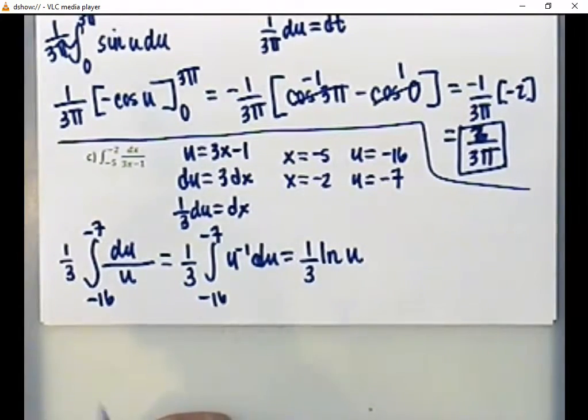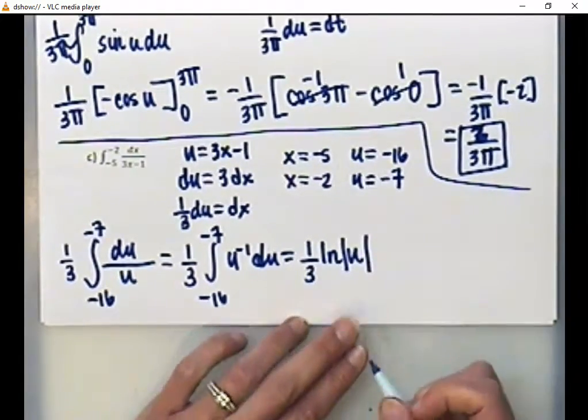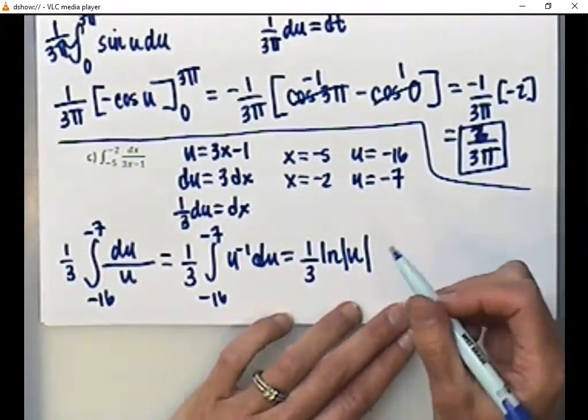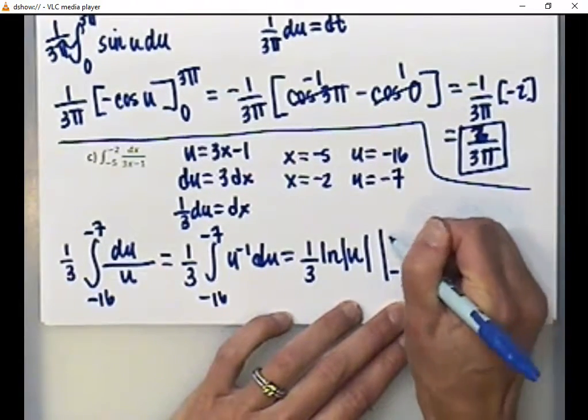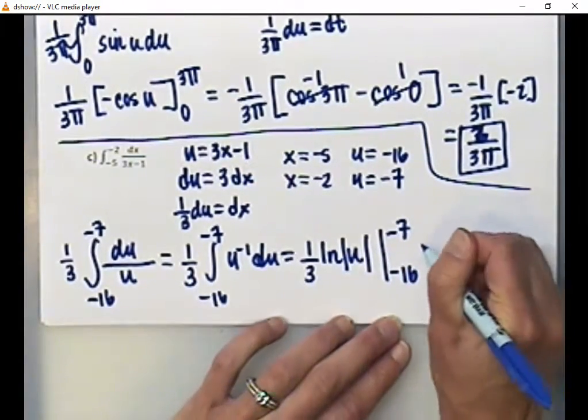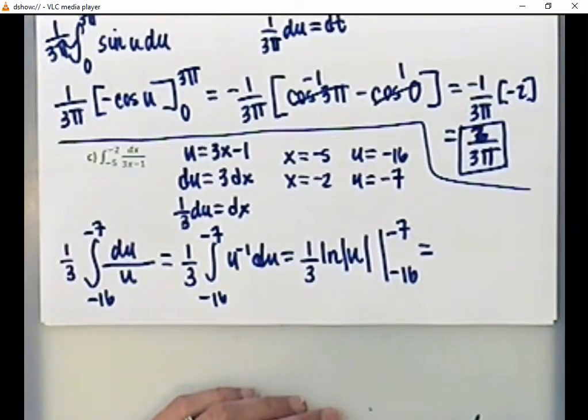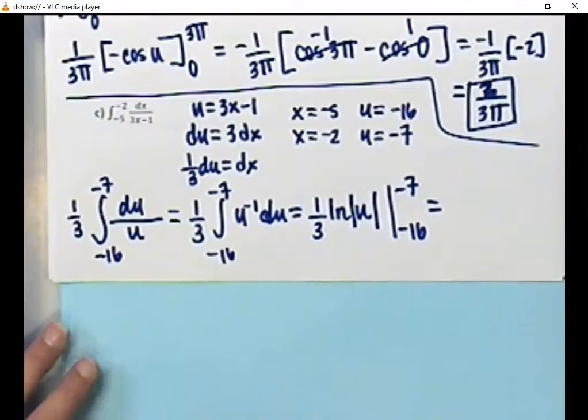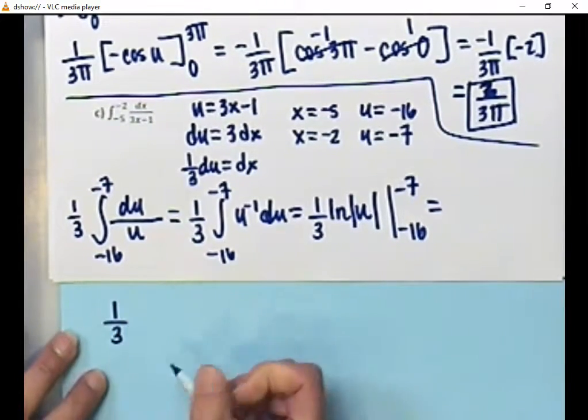Absolute value. And that's going to be important in this problem. So make sure you put on absolute values. So when you integrate x to the -1, it's the natural log of the absolute value of, in this case, u. And then we're going to evaluate it from -16 to -7. Okay, so now when we do that, got to plug in the -7 first, right?